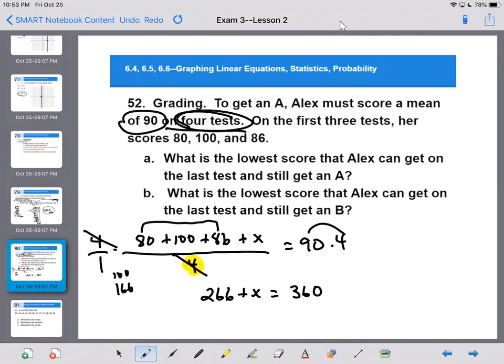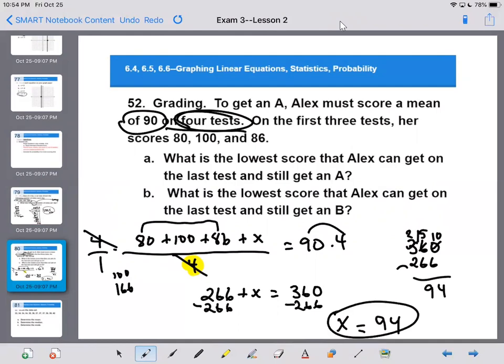And so if you have 360, if we take away 266 from it, Alex needs to score a 94 on the last test to still get an A, while scoring an 80, 100, and 86. That 4th test has to be a 94.